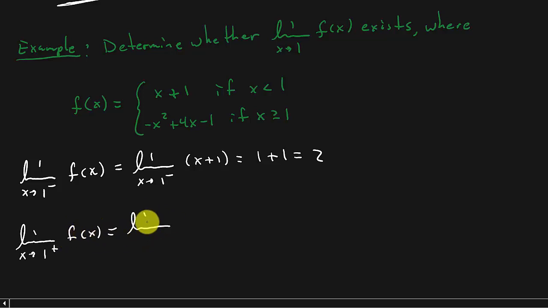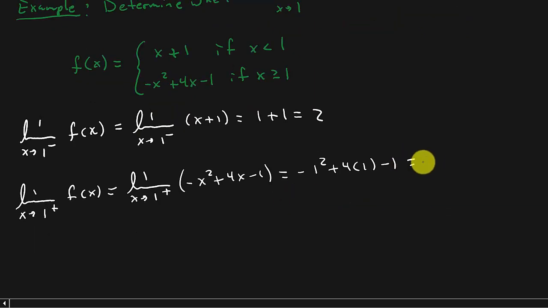Now we're coming in from the right, so that's values greater than 1. So that's this one. That's negative x squared plus 4x minus 1, which is equal to negative 1 squared plus 4 times 1 minus 1.